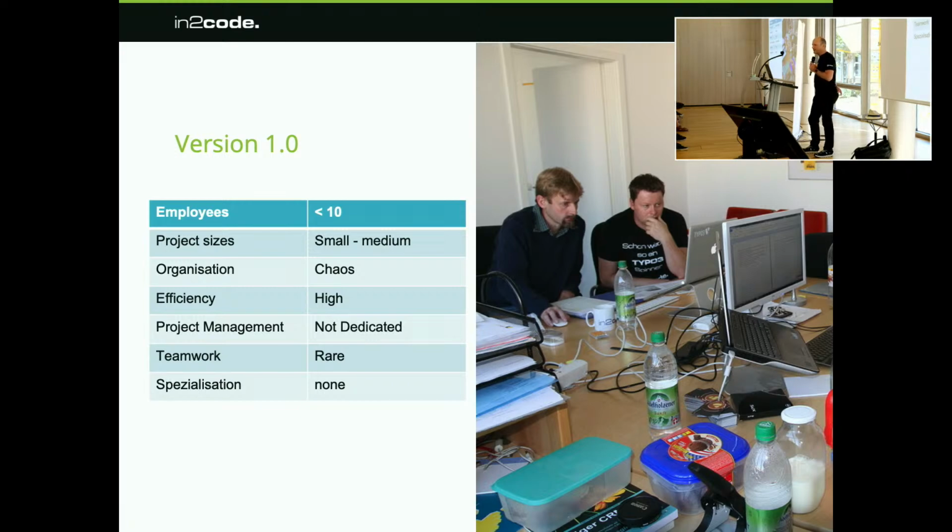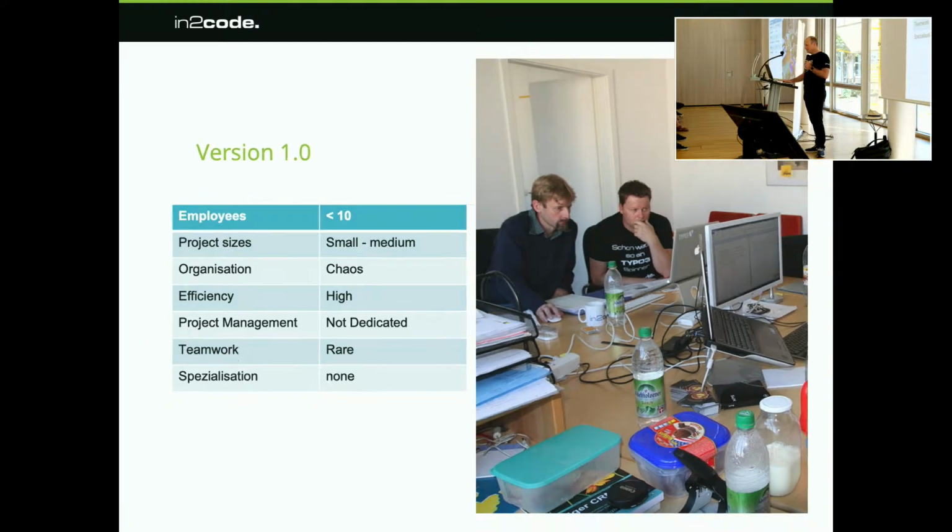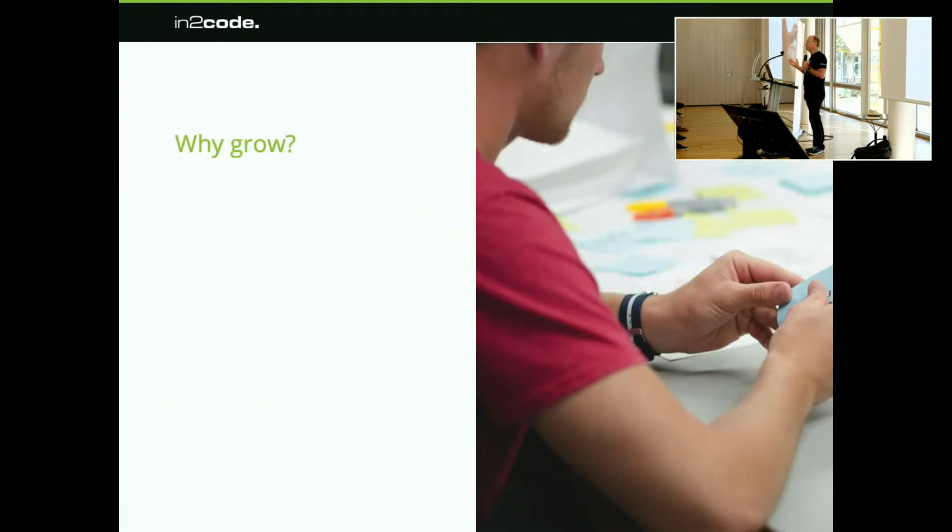We earned a lot of money. So, why grow? It could be a good solution to stay as just 6, 7, 8 people. Why then grow and have the risk of failures, the risk of conflicts in your team? Yeah, that's a good question.